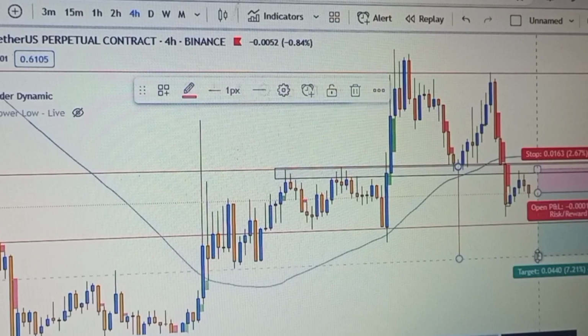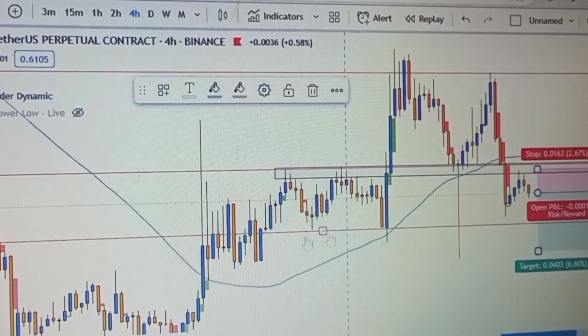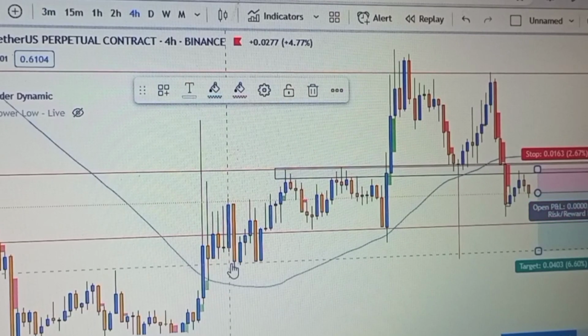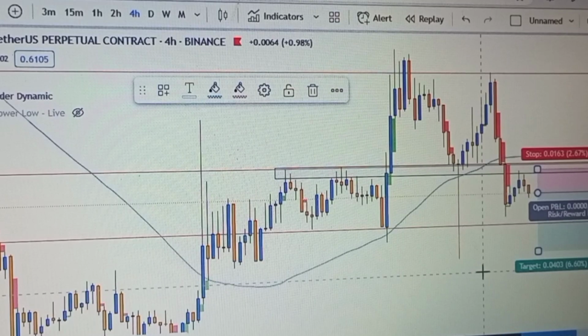I don't put it exactly on it. And over here there is one more thing: this support, or this market liquidity area, will be my take profit.